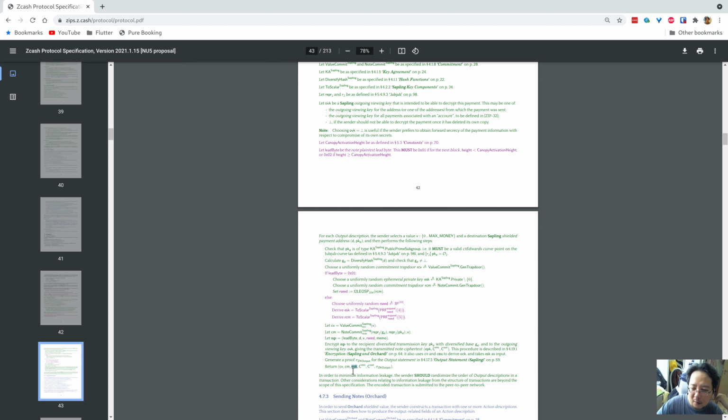But that information is, through the Zcash SNARK, enough to figure out that the node is somewhere in that tree. So that's just the Zcash SNARK statement that is expressed, right?